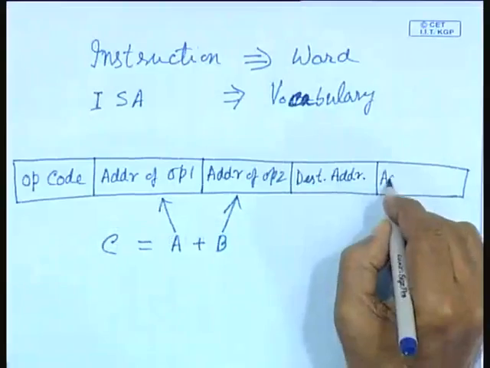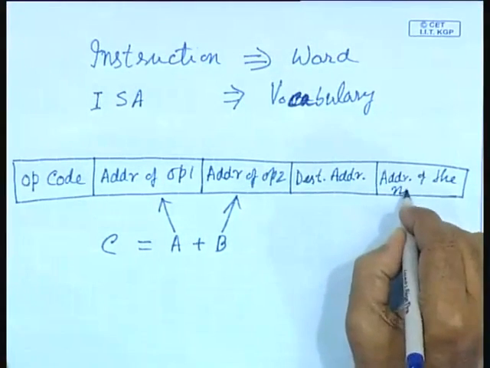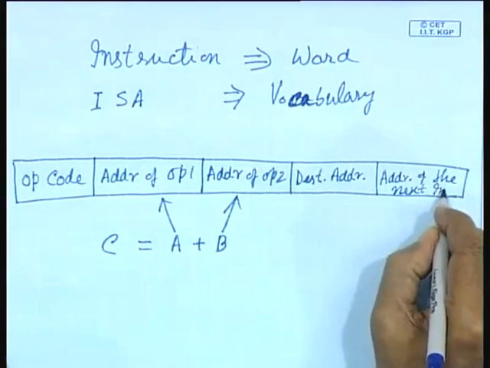Finally, when this instruction execution is over, what should the processor do now? The processor has to fetch the next instruction. Where from will it get it? So that information should also be present here. So ADDR, the address of the next instruction.